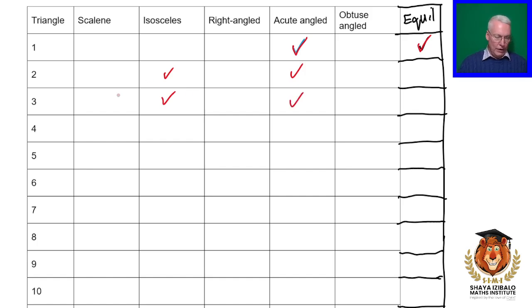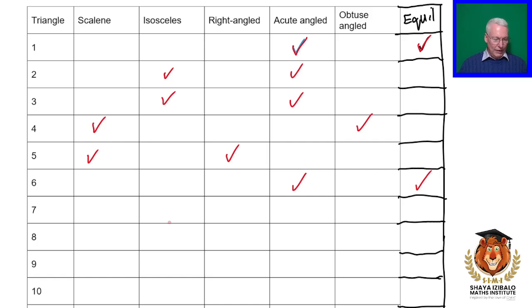Number 4 is scalene and it's obtuse angled. Number 5 is scalene and right angled. Number 6, sorry, is acute angled and it's equilateral.